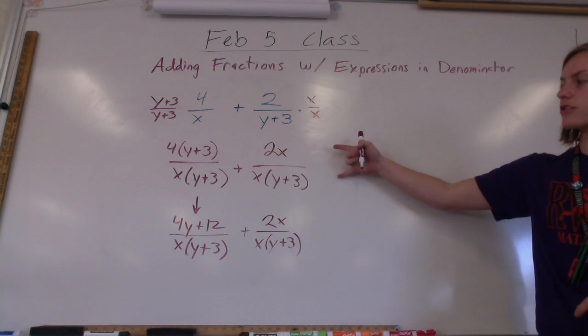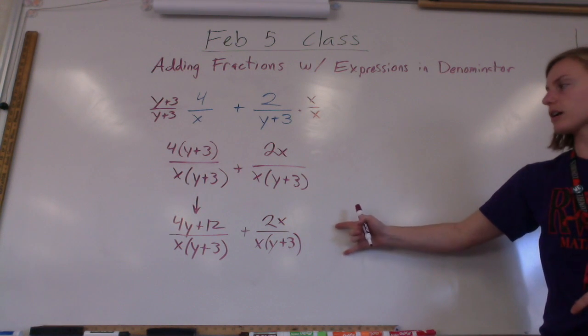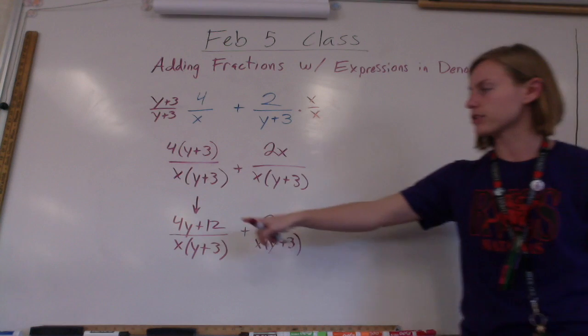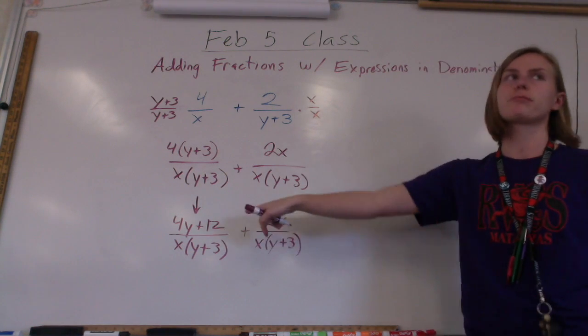Now in this case, distributing it out won't actually change much, but in some cases it'd be good to distribute that out because there might be things to combine with both of them.